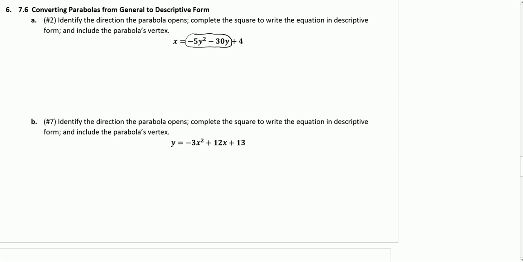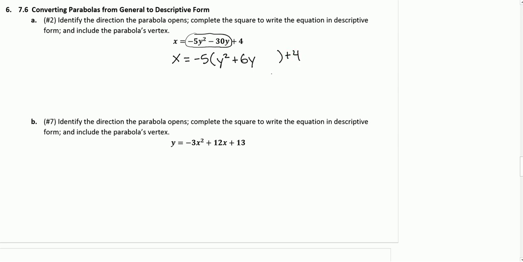And so if there's a number in front of y squared, you need to factor it out of those two terms. So I'm going to factor out a negative 5, and I get negative 5 times y squared plus 6y plus 4.